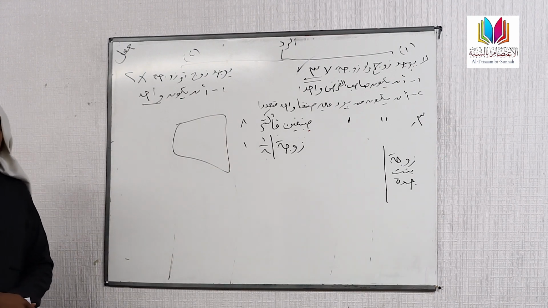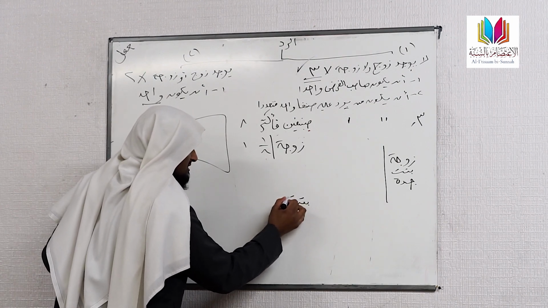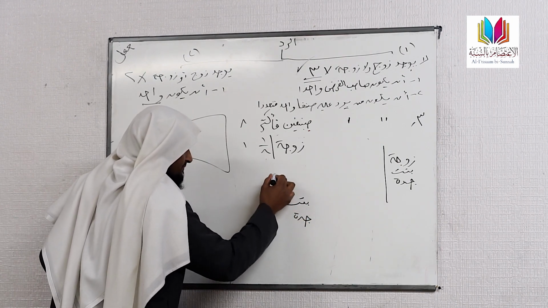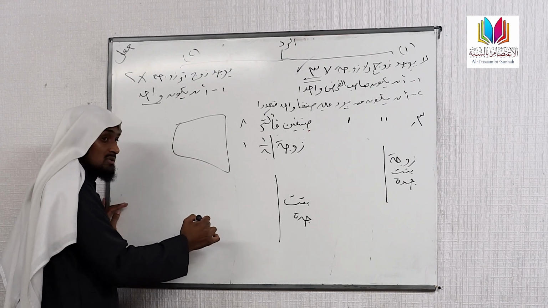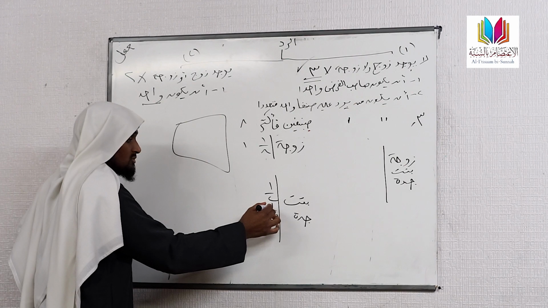Who have we got left? Jadda and bint. We're going to do a separate mas'ala. Bint, Jadda. Bint gets what? Nisf. Jadda gets sudus.